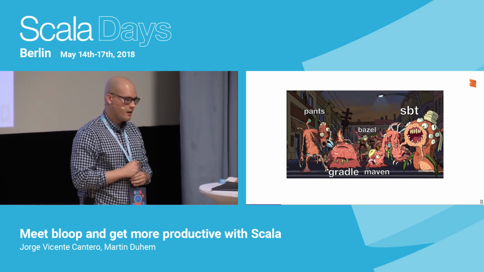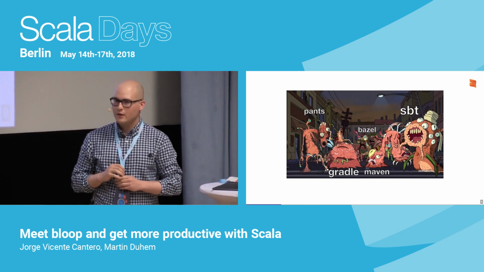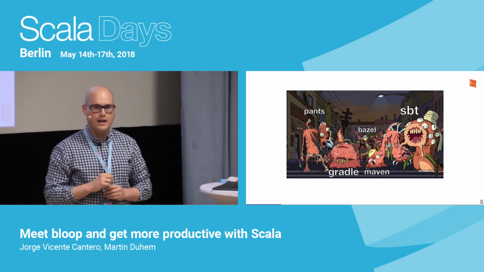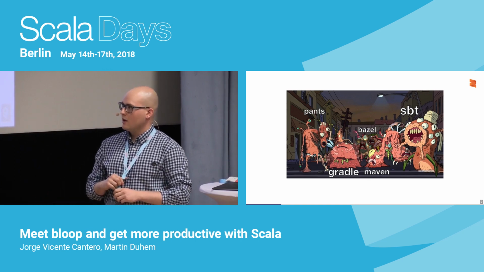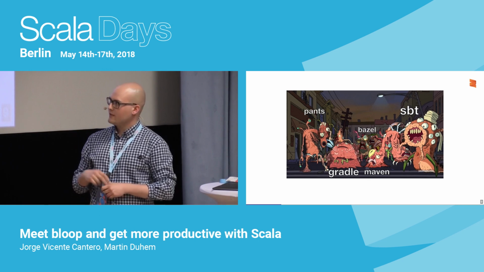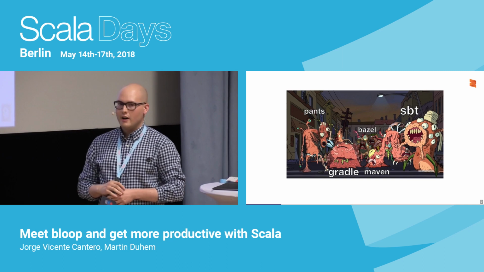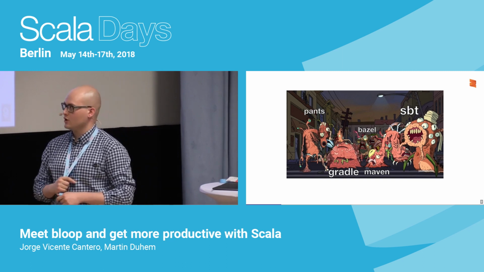What's common about all of these build tools is that they all compile your code. And in order to compile, you need to use the Scala compiler. But compilation is one of these services that has concrete properties that are essential to the experience of the language.